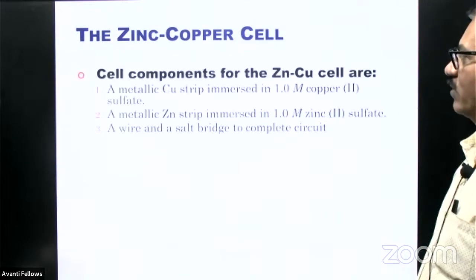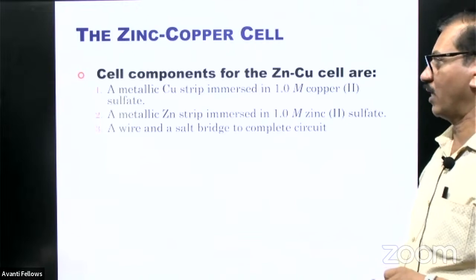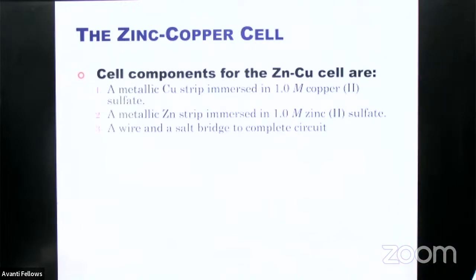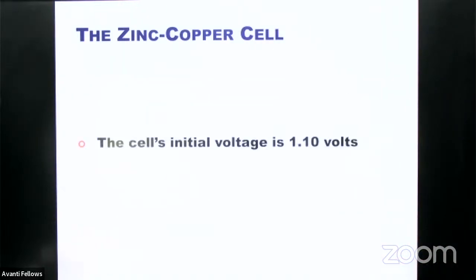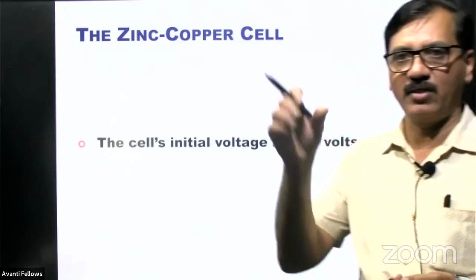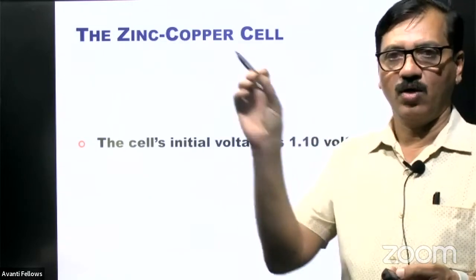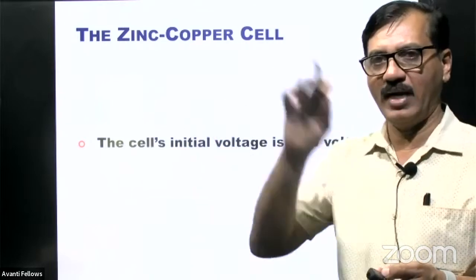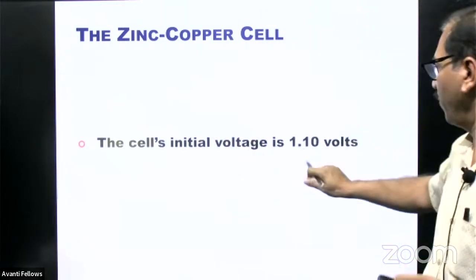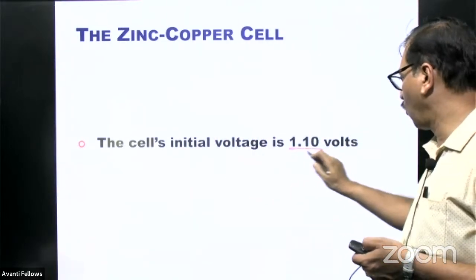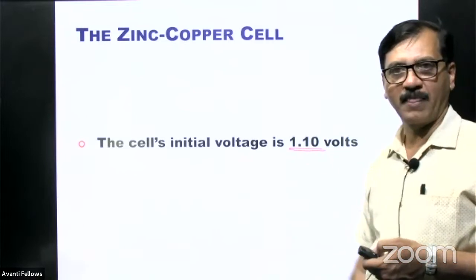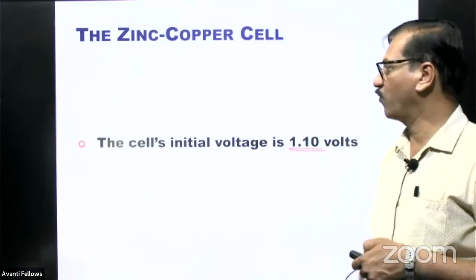So let us know more about the zinc copper cell. The cell components are zinc dipped in zinc salt solution and copper dipped in copper salt solution, connected with KCl, and as I told you, this gives 1.1 volt.